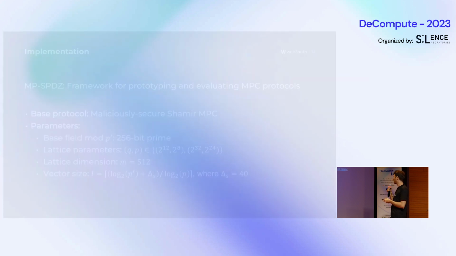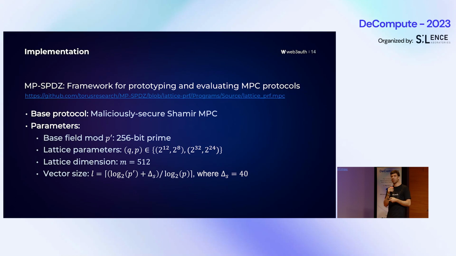For concrete values, we did an implementation as well. You can look it up; you will find it via the paper. So assume we have a base field modulo a 256-bit prime. We have some different values which either optimize a bit for the round efficiency or the data communication efficiency.